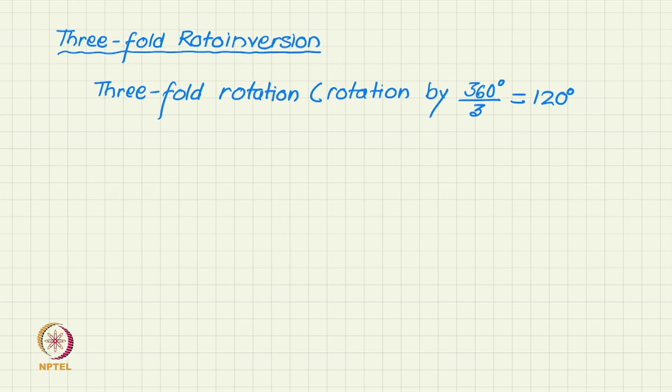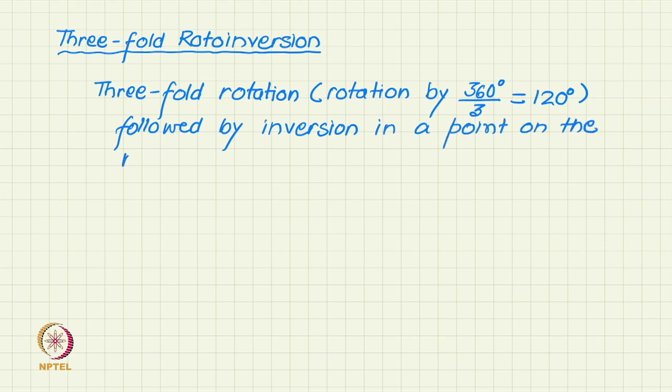So, a rotation of 120 degree followed by inversion in a point on the rotation axis. The two operations, the threefold rotation and the inversion, are commutative. So, they can be interchanged also.